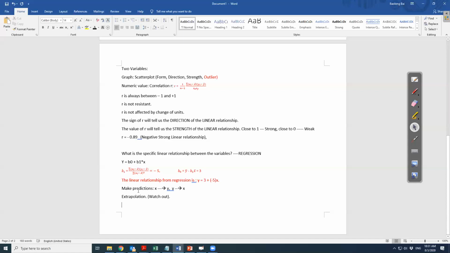And the last thing we want to talk about is, for regression, you're using a perfect linear line to describe all different kinds of variability in the data, right? So how well does a line describe data? We use a measure called R-square. And R-square is simply correlation R, take a square.